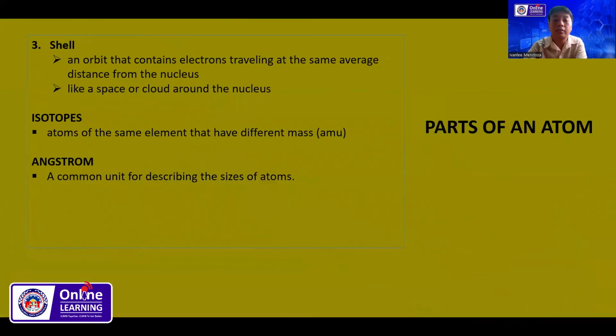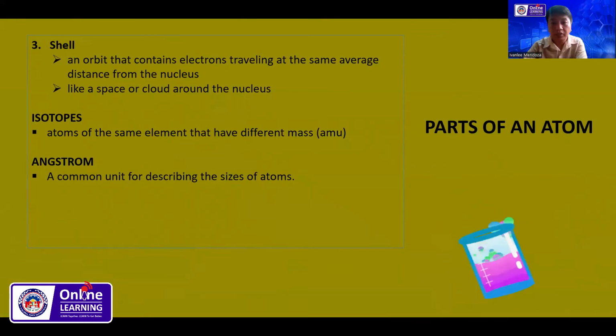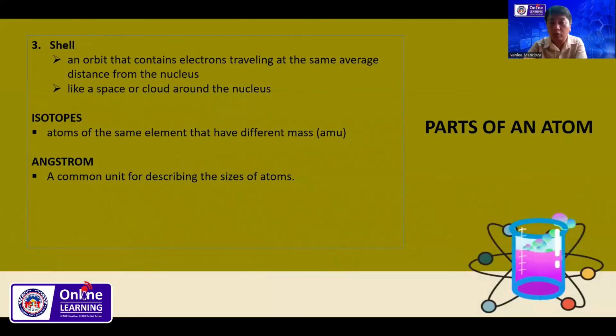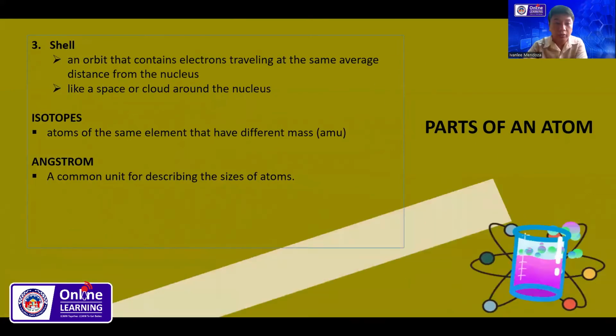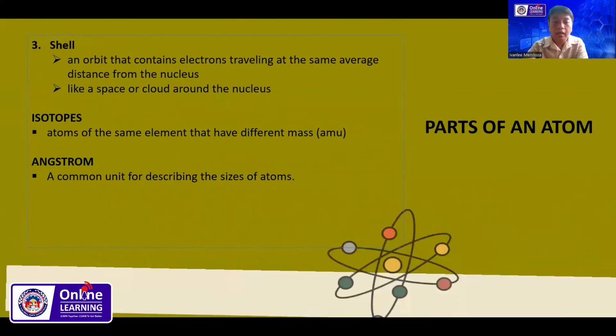And we also have the angstrom. That is a common unit for describing the size of atoms. The angstrom is 1 times 10 to the negative 10 meter. In scientific notation, the equivalent of that particular parameter, the angstrom, is again 1 times 10 raised to negative 10 meter.